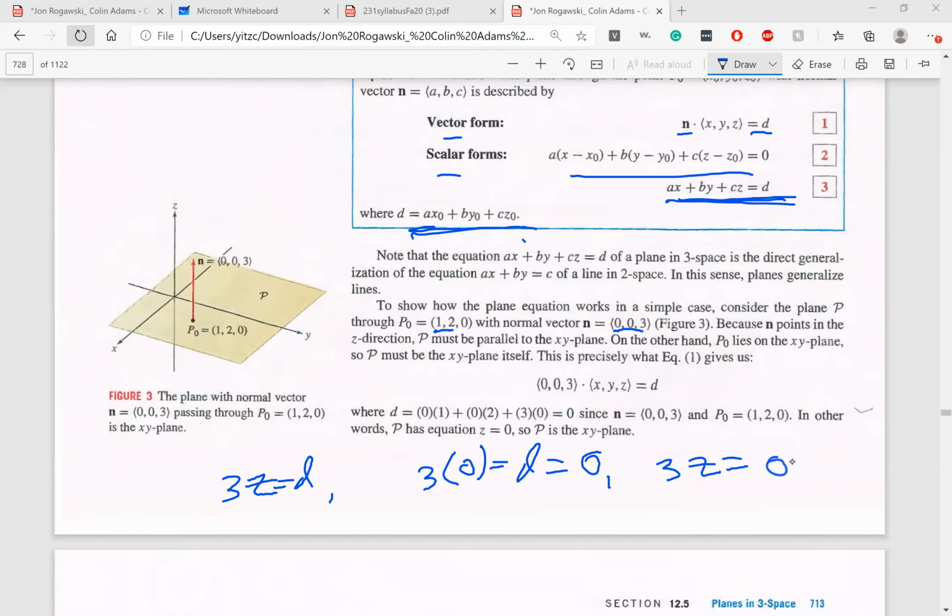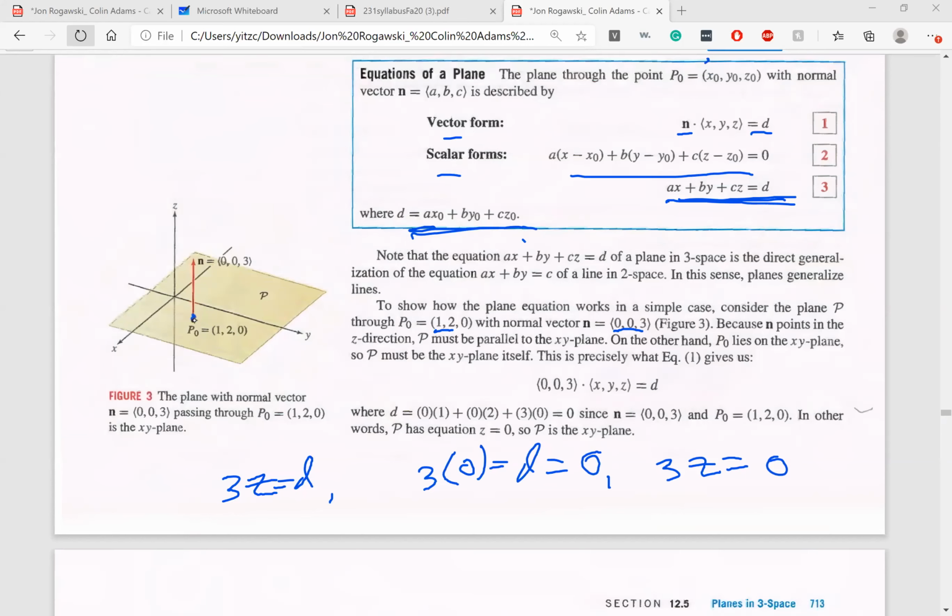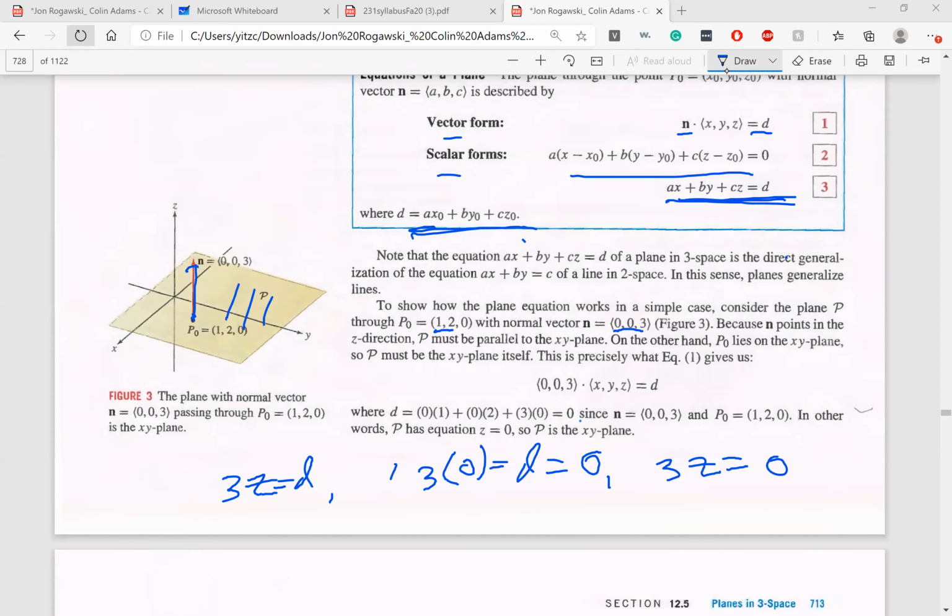And that's the plane. So this is the point, this is the normal vector, it's pointing in the z direction, and the plane is going to be that plane right there. Any questions about this?